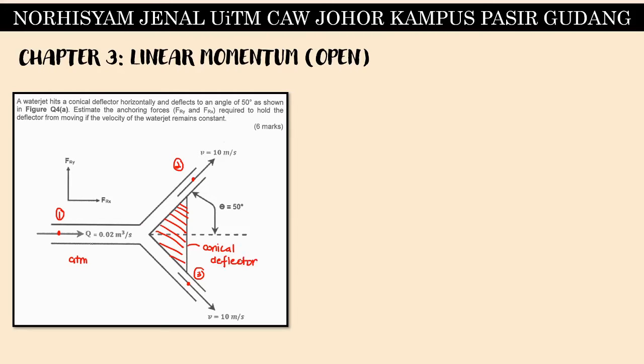And this is ATM pressure, meaning P1 for this question should equal P2, should equal P3, and equal 0, because everything that we do over here is at an atmospheric condition, because P1, P2, and P3 are gauge pressure.